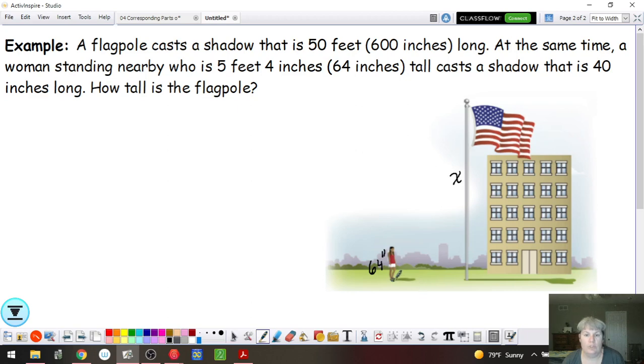We know that her shadow is 40 inches. And we know that the flagpole shadow, let's draw that a little bit better, is 600 inches.